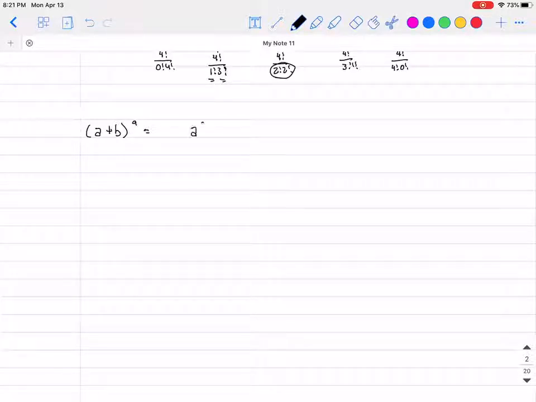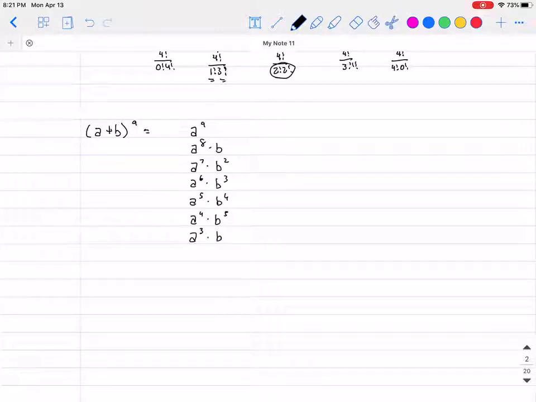I know the following. The first term is going to be a to the 9th. The second term is a to the 8th multiplied by b. Then we have a to the 7th multiplied by b squared, a to the 6th multiplied by b to the 3rd, a to the fifth multiplied by b to the fourth, a to the fourth multiplied by b to the fifth, and a to the third multiplied by b to the sixth.